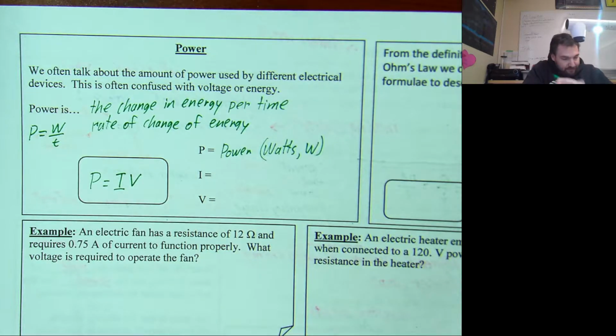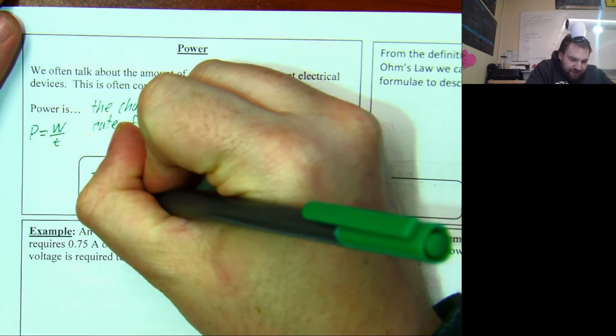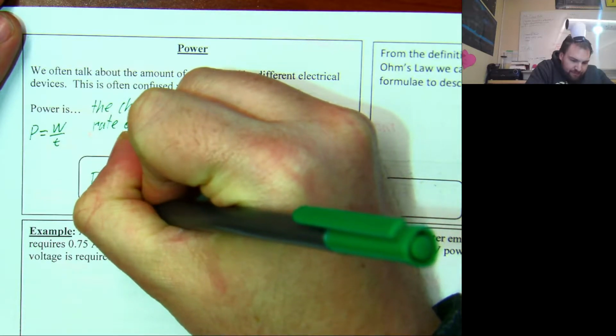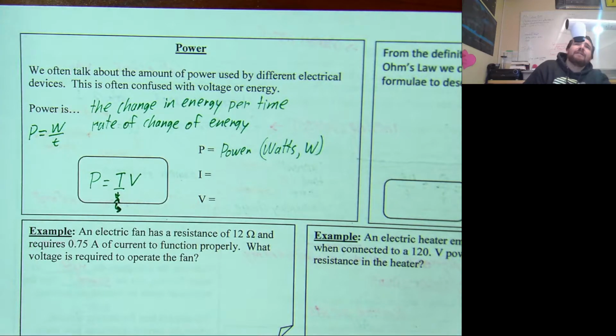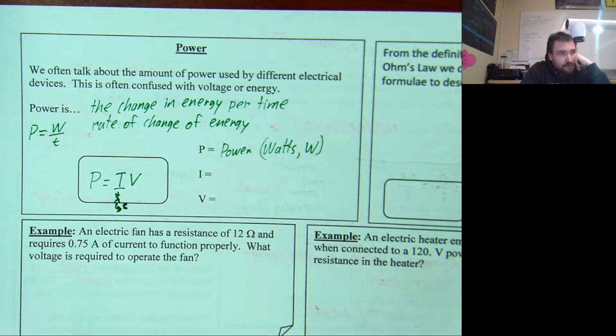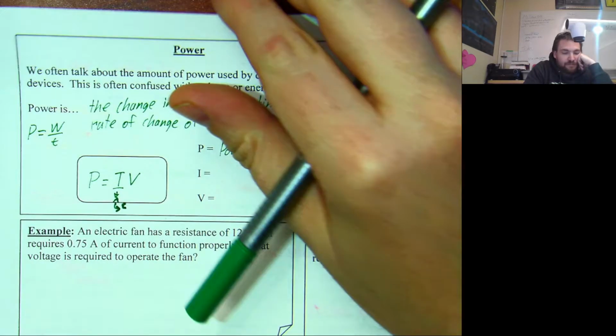Let's just do this. Current was measured in amps, and now an amp is what? It's not just Coulomb, it's Coulombs per something.